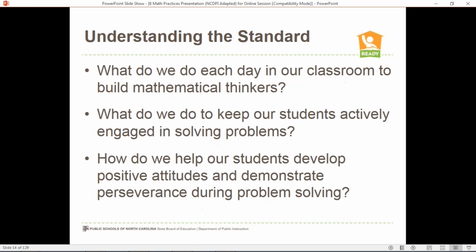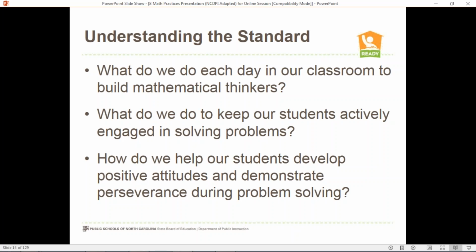What do we do in our classrooms? What do we do on a day-to-day basis, on a minute-by-minute basis to help kids realize what it is to be a mathematical thinker? Sometimes we do this really well in science. We talk about what happened first and what that's likely to lead to, and then what I would do next to test something out.